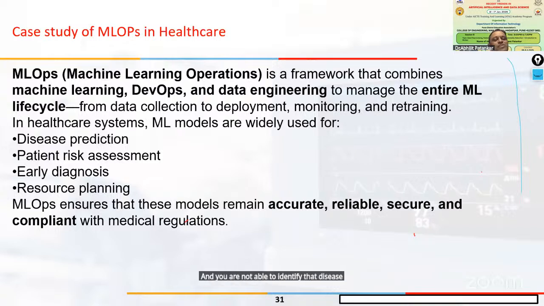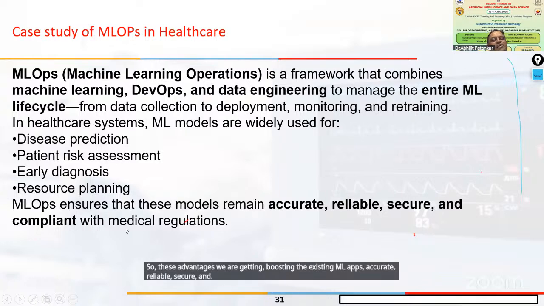But if you configure with MLOps, then, suppose COVID is there, or some new disease comes, MLOps can train the model based on whatever the new features are, because its basic principle is collection, deployment, monitoring, and retraining. So it is a continuous process. These are the advantages we are getting: boosting the existing ML apps, making them accurate, reliable, secure, and compliant with medical regulation.